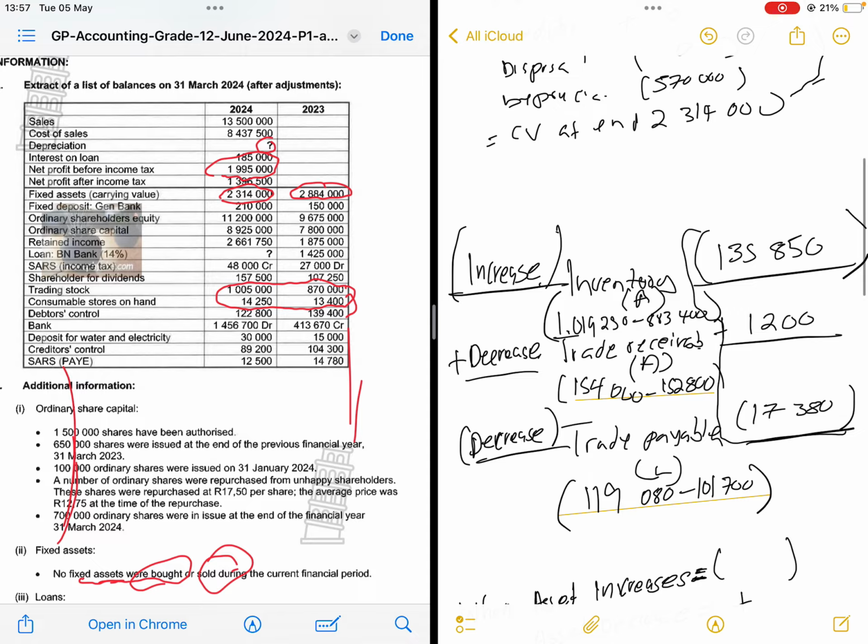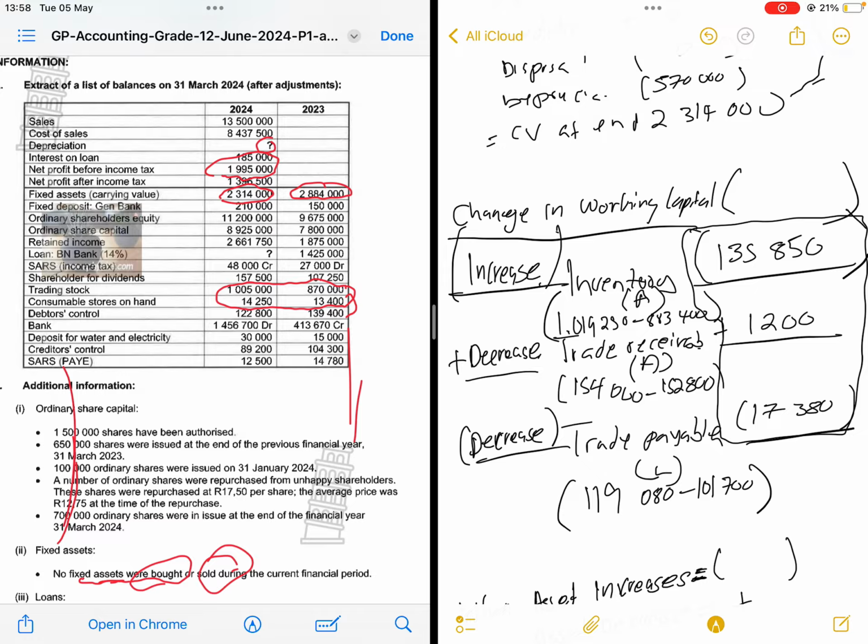Therefore, you add the like terms. I'm going to say change in working capital. The sum of the negative is more than the sum of the positive, meaning the final answer will take the sign of the bigger number.